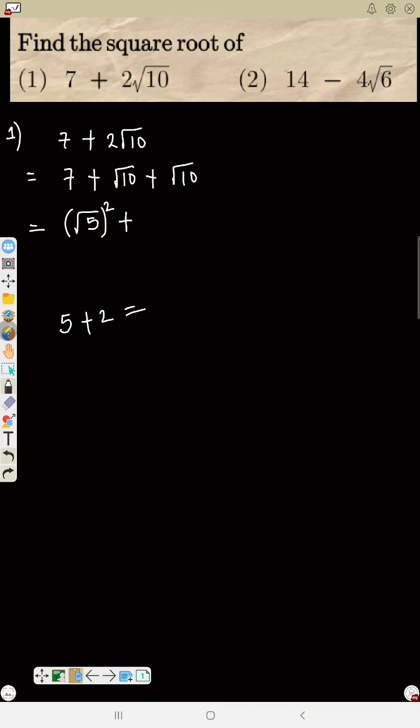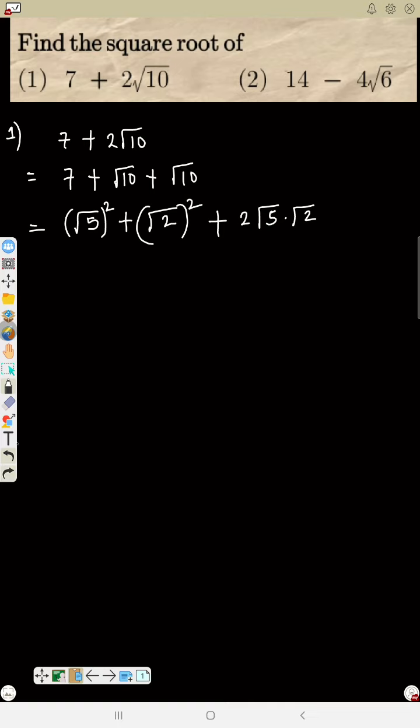So I'll split. So that means root 5 square plus root 2 square will give me 7. Then plus 2 root 5 times root 2.